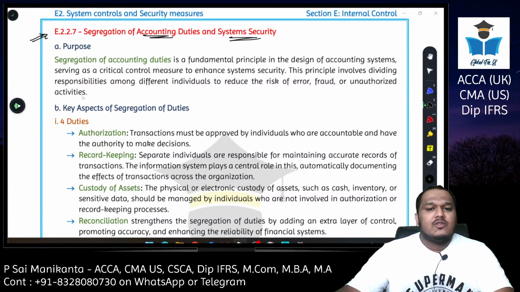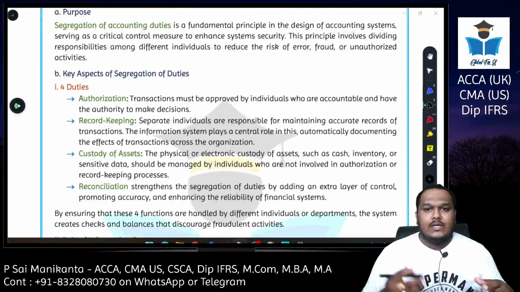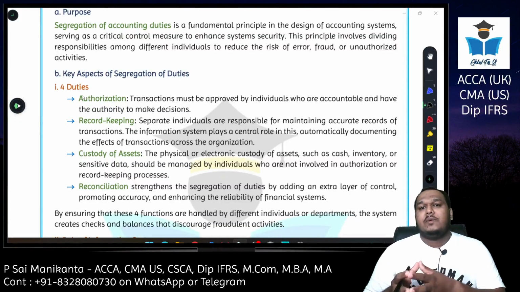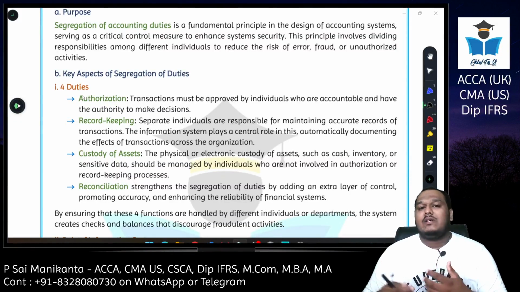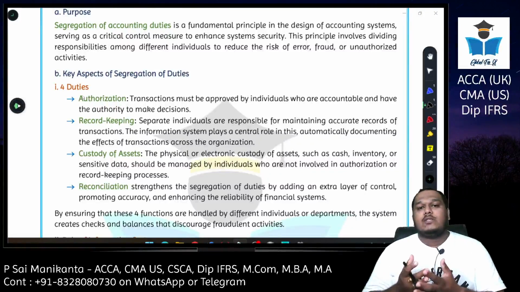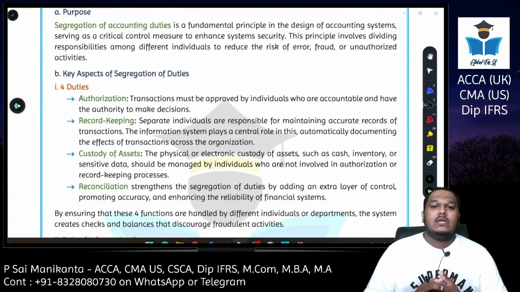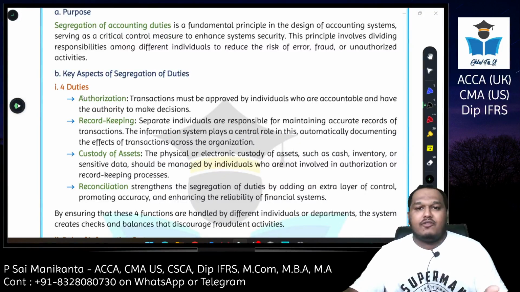So first of all, I don't want to repeat the same concept again. You all know what segregation of duties is: the same person shall not be responsible for performing multiple duties or multiple tasks. Otherwise they can override the controls easily. If the same person is responsible for two or three different responsibilities, then they can easily override and there is a higher chance of committing fraud.